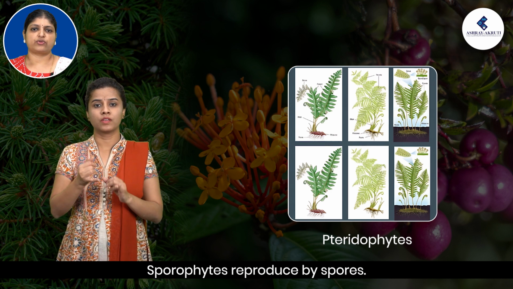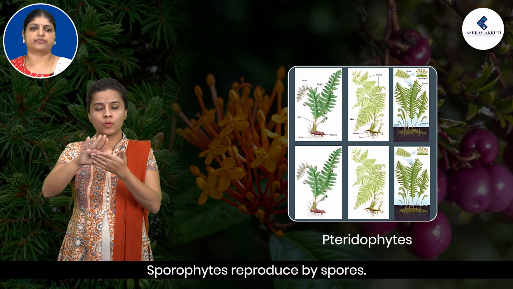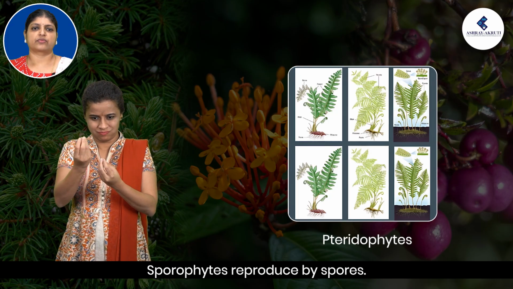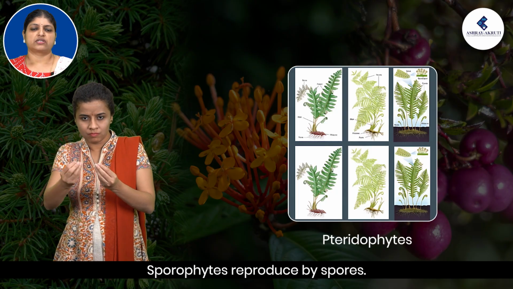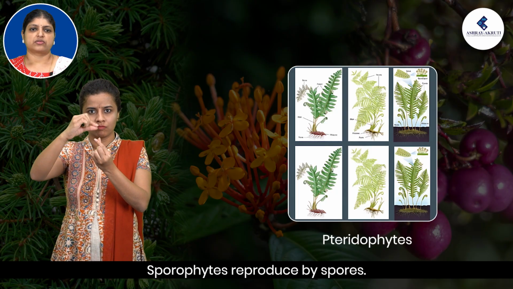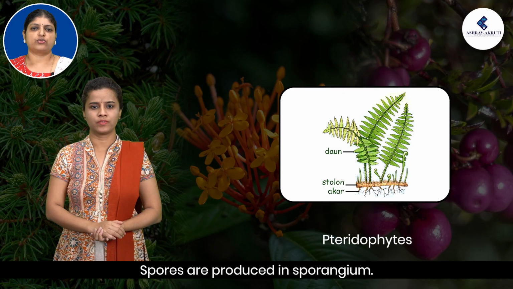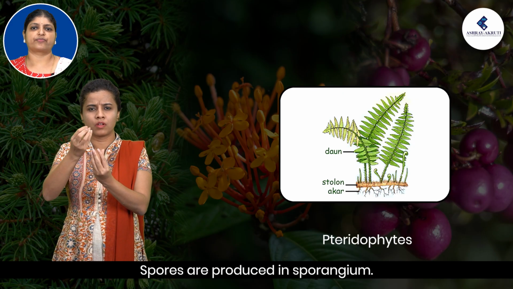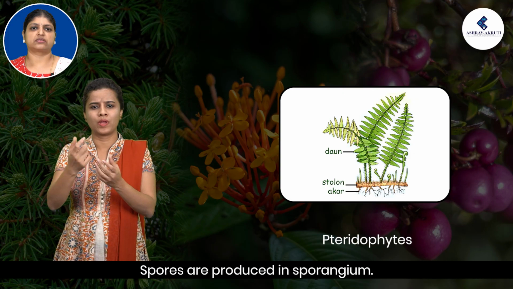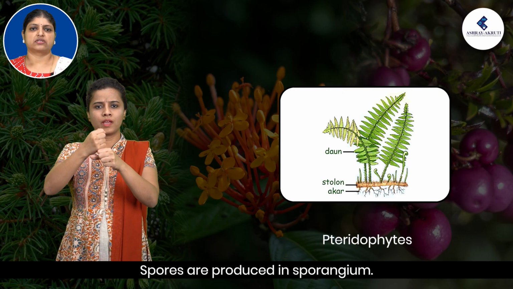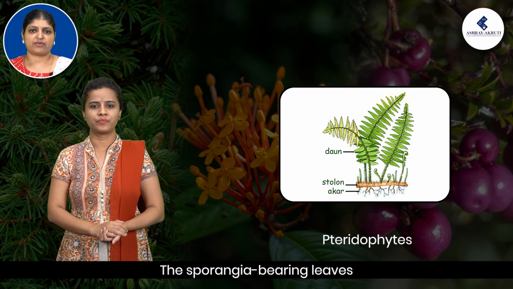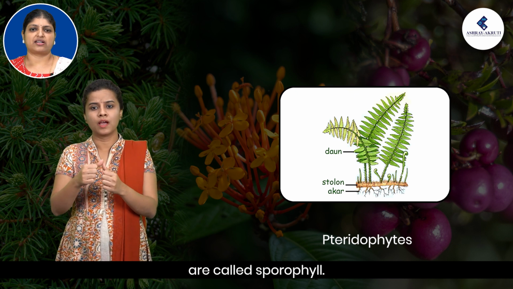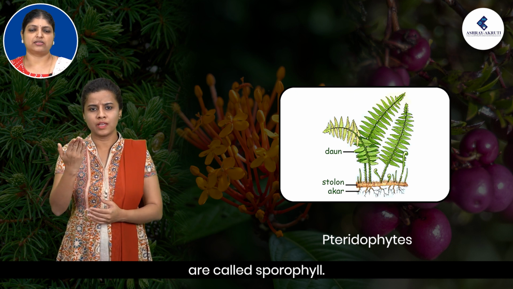Sporophytes reproduce by spores. Spores are produced in sporangium. The sporangia bearing leaves are called sporophyll.